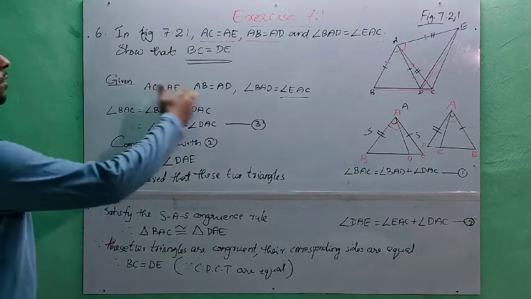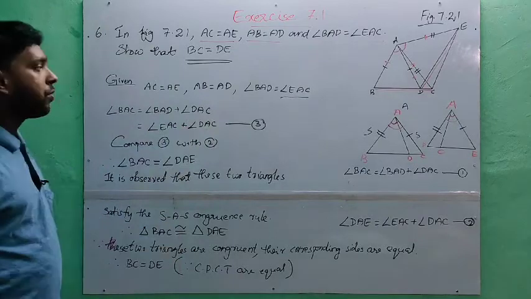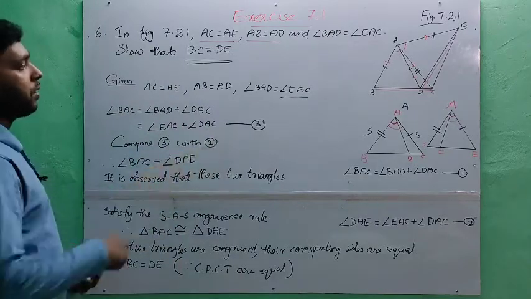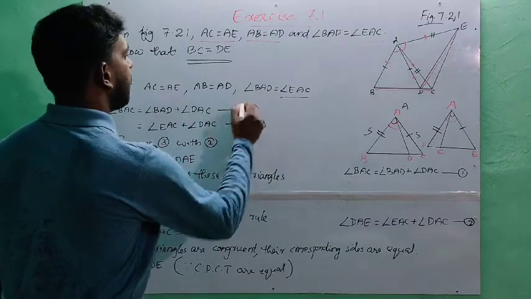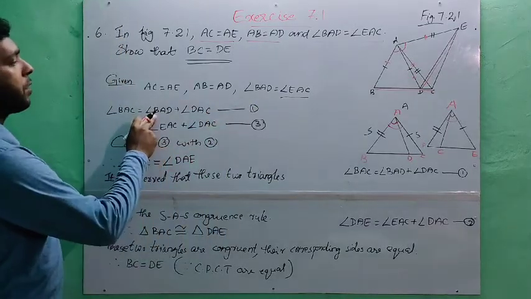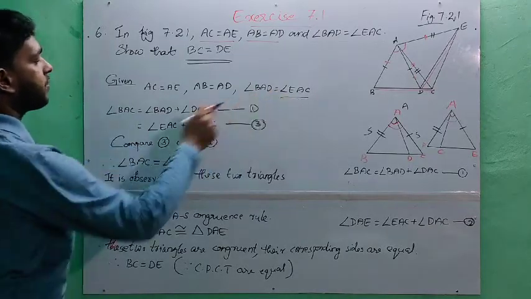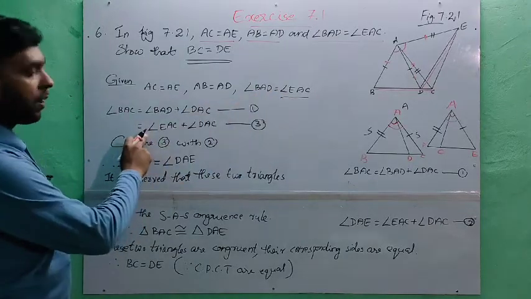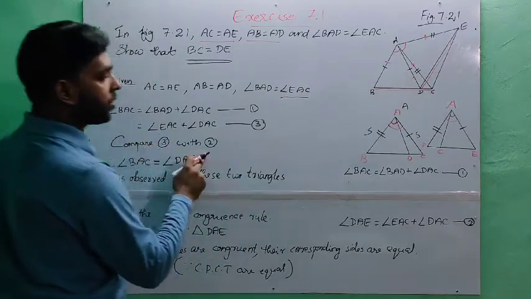After that, we wrote down the given information in the question. Then we took equation number 1. In the equation, we realized that BAD is already given, so BAD is replaced with EAC. When we replaced it, we realized that there is a comparison with equations 3 and 2.